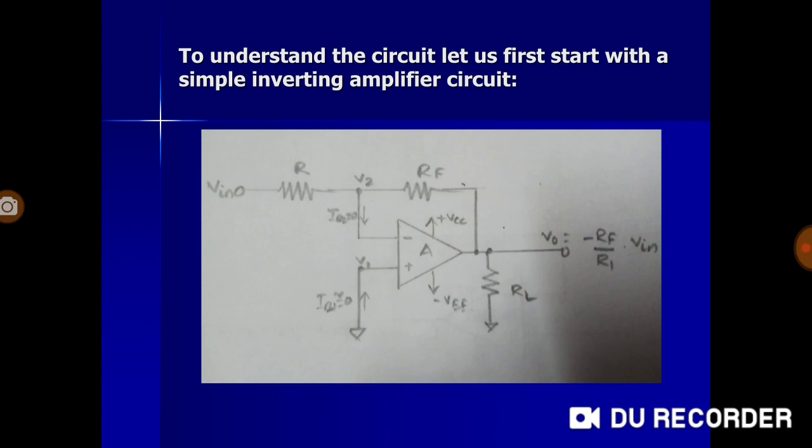So it is V1 minus V2 that is the input being applied, and output is V0. So V0 by V1 minus V2 should be equal to infinity, because ideally it is infinity.